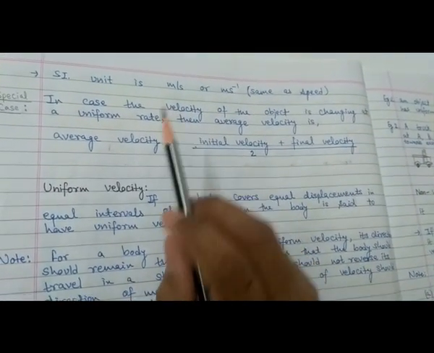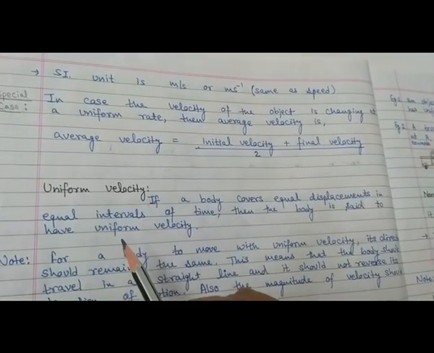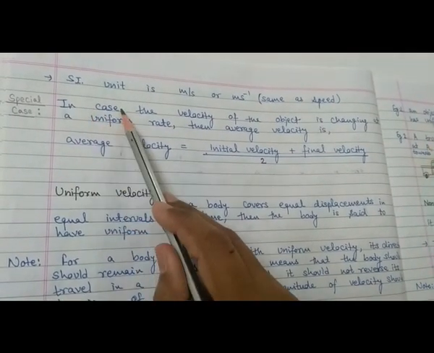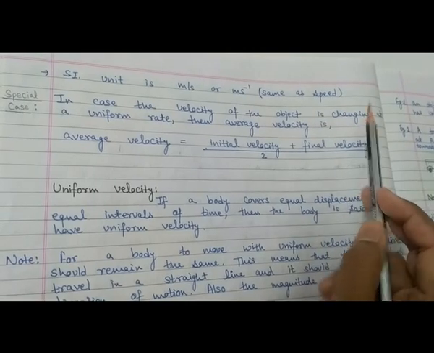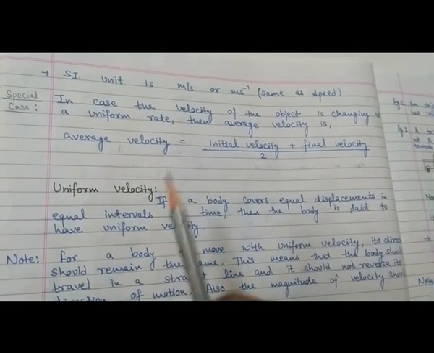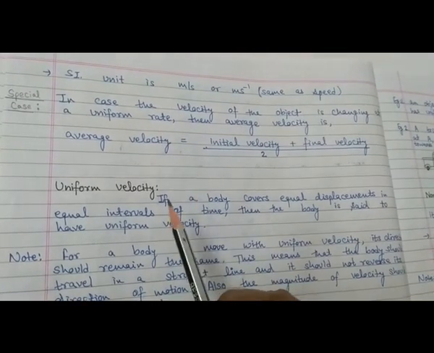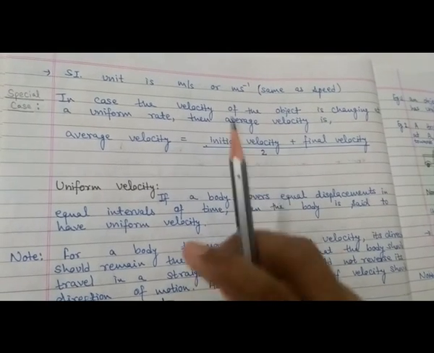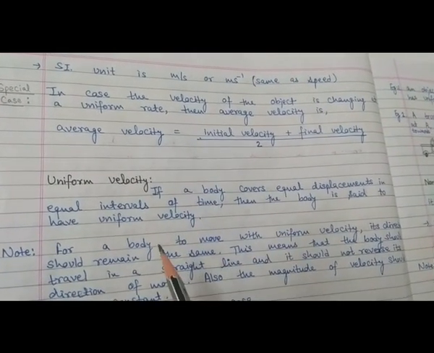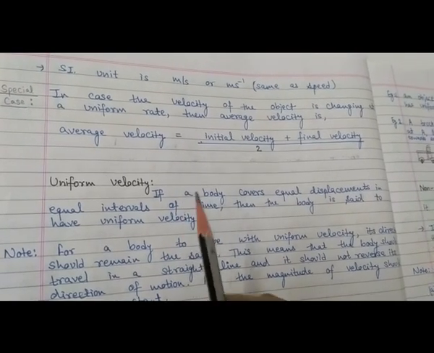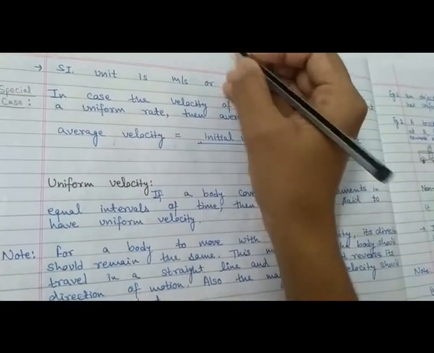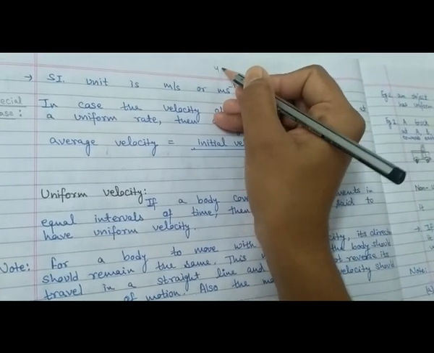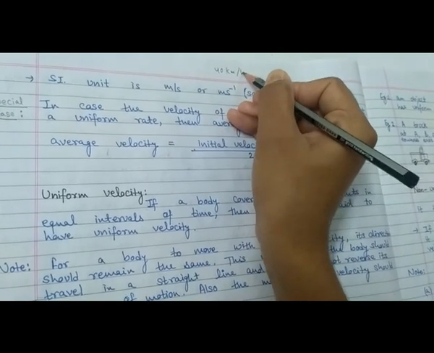One more thing, if we have to find the average velocity, there is a special case in which the velocity of the object is changing at a uniform rate. What does this mean? It means it is changing at a particular fixed rate. For example, let's consider that in the starting the velocity was 40 kilometer per hour.